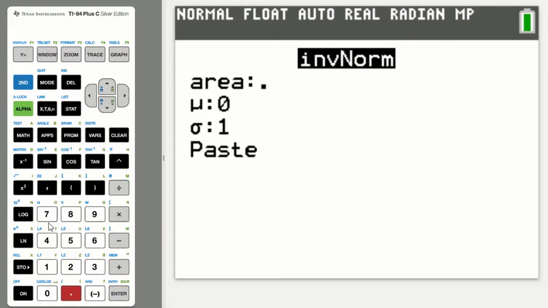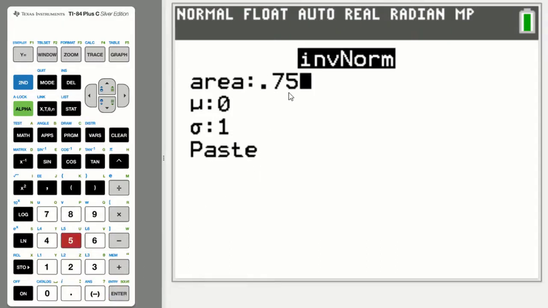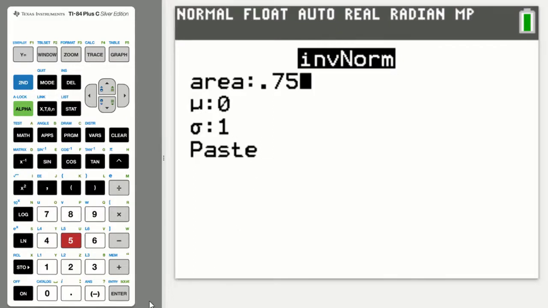So 0.75, the area already known, given to be to the left-hand side of the z-score that we are finding. And since we are working specifically on the standard normal distribution bell curve, let's default these two values at 0 for mu and 1 for sigma. So let's now hit enter.